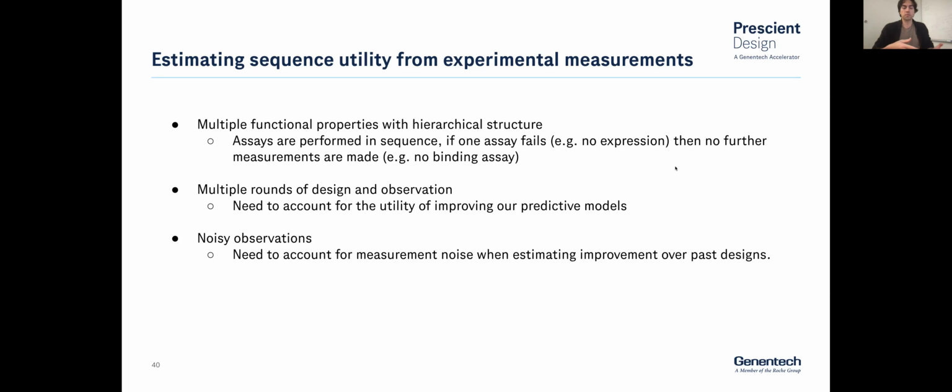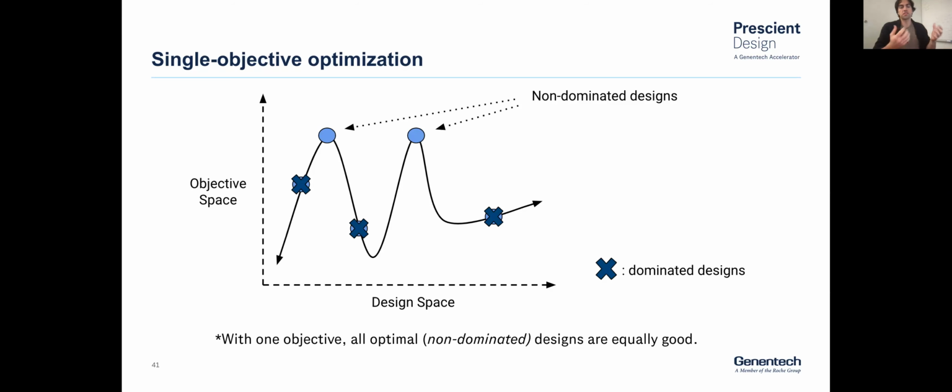So just as a brief overview for any of you who are not familiar with multi-objective design, because this is going to be one of the key parts of our utility function. In the case of single objective optimization, all optimal or non-dominated designs are essentially equally good. What it means is you're not going to differentiate between these optima without some additional information.